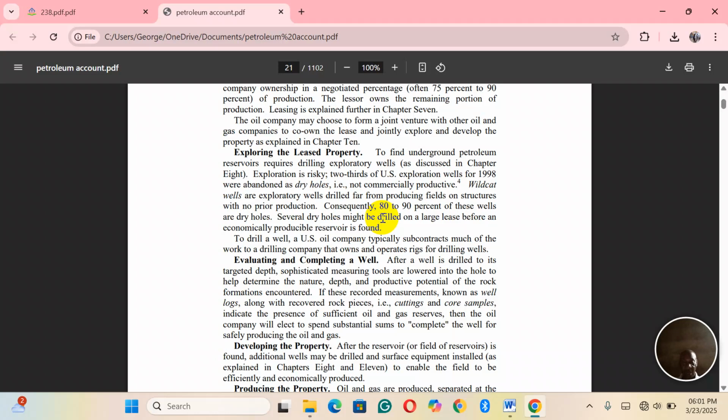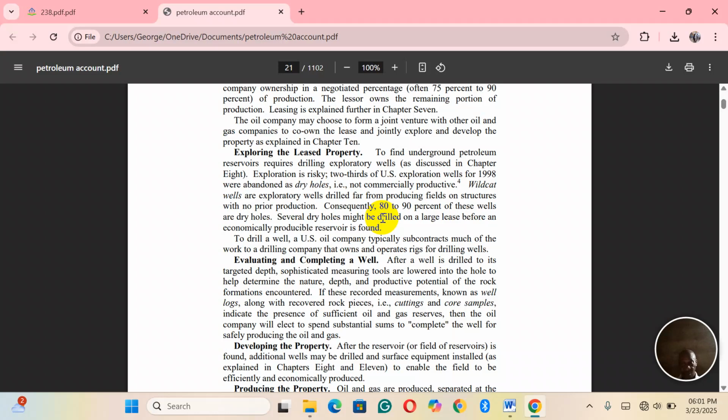These recorded measurements, known as well logs, along with the recovered rock pieces, that is, cutting and core samples, indicate the presence of sufficient oil and gas reserves.